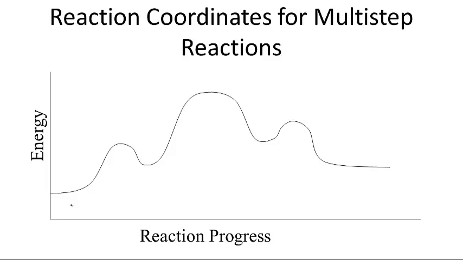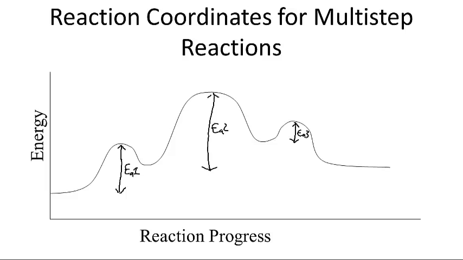Each step is going to have its own activation energy, and generally the highest peak on that pathway is going to represent the slowest step. So this reaction has 3 activation energies. I'll call them EA1, EA2, EA3.